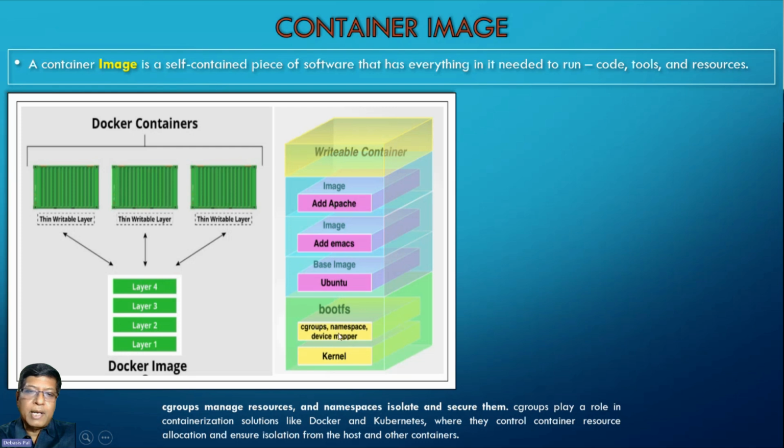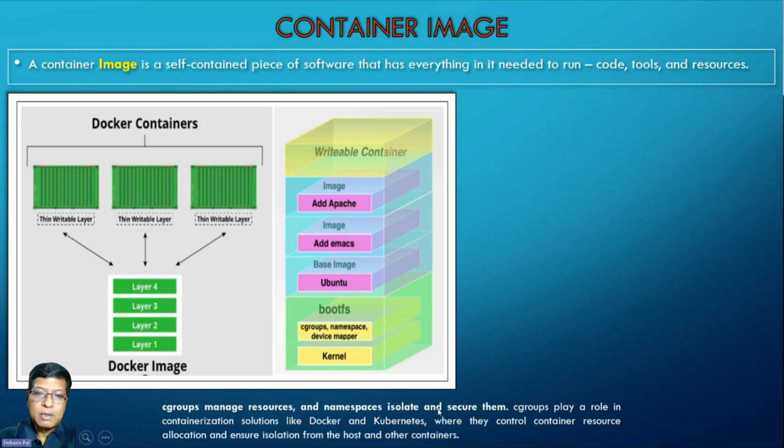And this kernel will again have a top layer, which is the C group. C group will manage the resources. What is the function of the kernel of an operating system? It will manage all your resources, whether it's a printer, a monitor, a keyboard, video devices or audio players. It will manage those external resources.